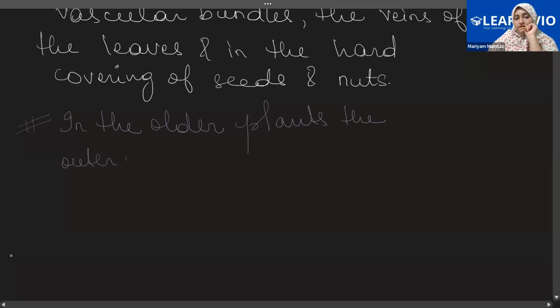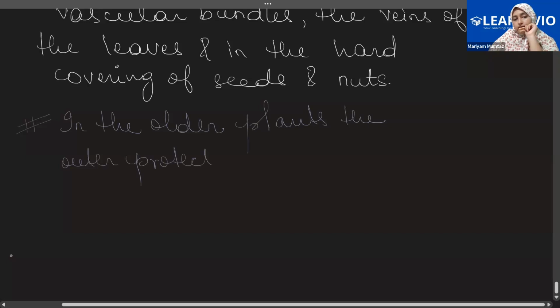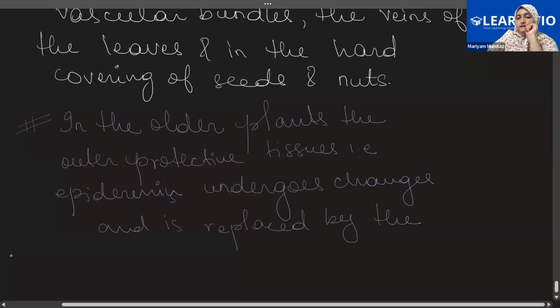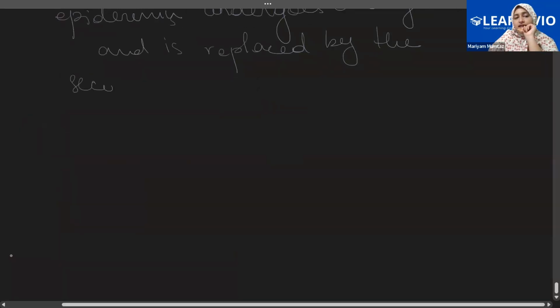So in the older plants, the outer protective tissue, that is the epidermis, undergoes changes and is then replaced by the secondary meristem.